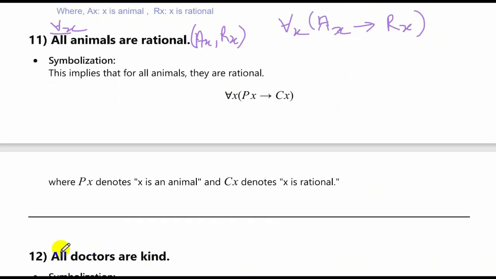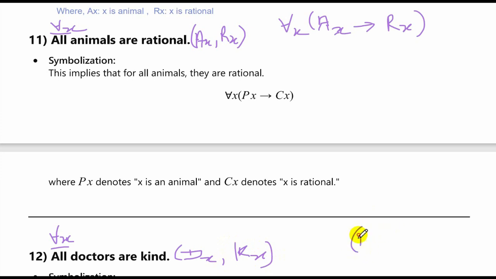All doctors are kind. So again, when this type of question comes with all, it becomes very simple. Otherwise, if it has a substitute word instead of all, then it becomes a little complicated. But if you know what the substitute words are, then it becomes easier. Okay, so they may give doctors Dx, kind Kx.